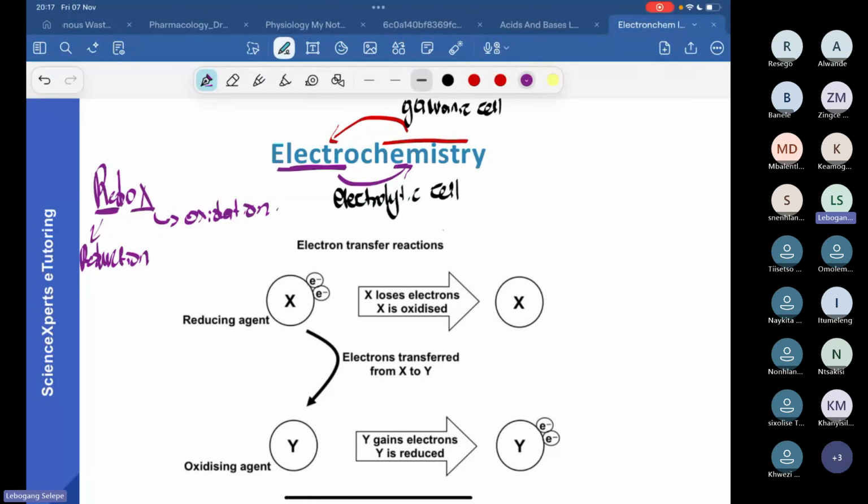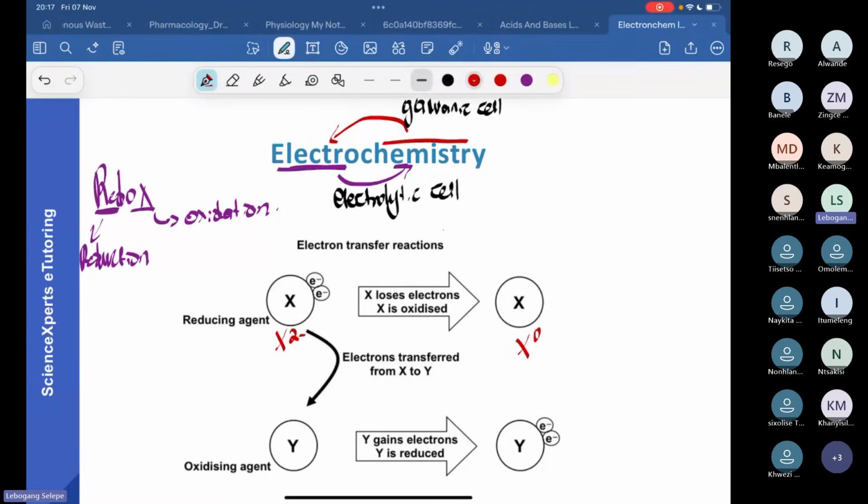If there's no number there, it means there's a zero. So its oxidation number changed from a -2 to a 0.